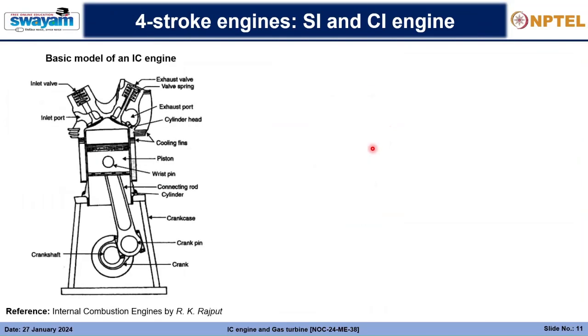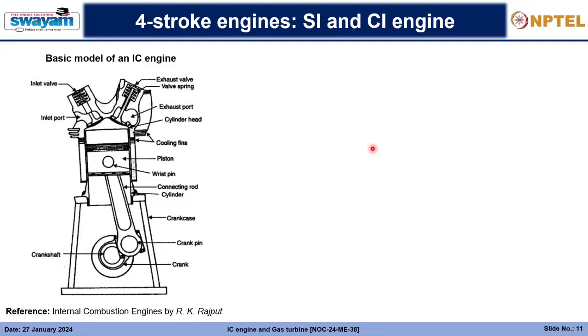Next we will learn about different kinds of engines based on the ignition system. Based on the ignition system, four-stroke engines are either SI, that is spark ignition, or CI, that is compression ignition. We have the same for two-stroke engines as well.